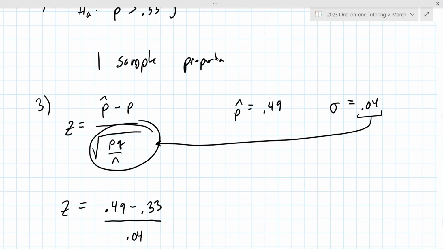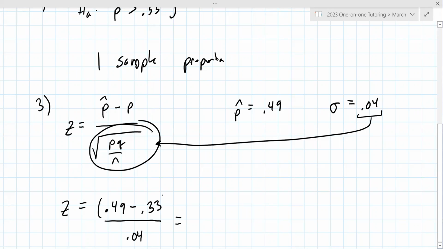Okay. So you have to calculate this. Negative 7.76.